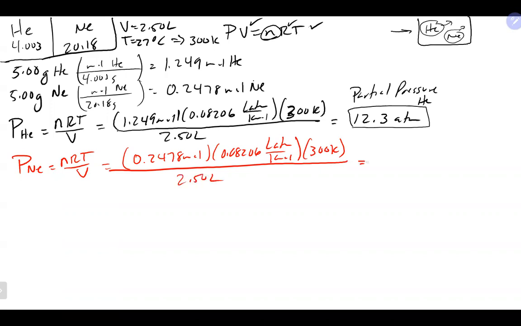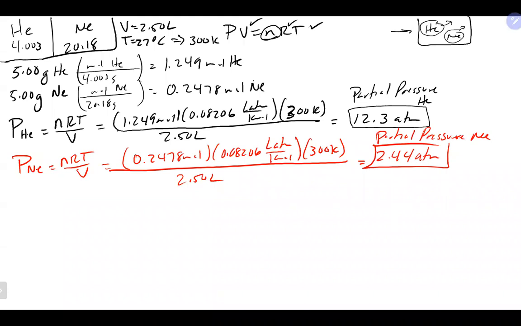That would get us 0.2478 times 0.08206 times 300 divided by 2.5, which is going to give us about 2.44 atmospheres. And that would be the partial pressure of neon in this particular mixture. First off, any questions on either of those two?